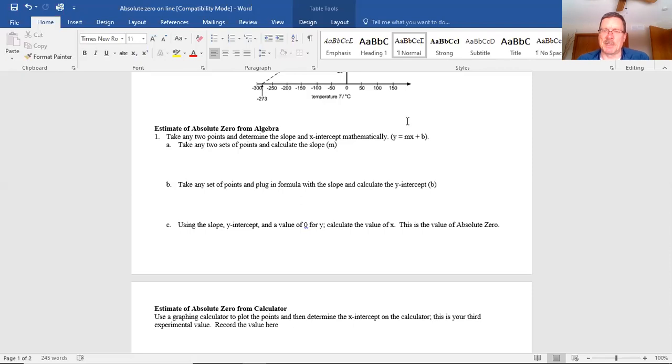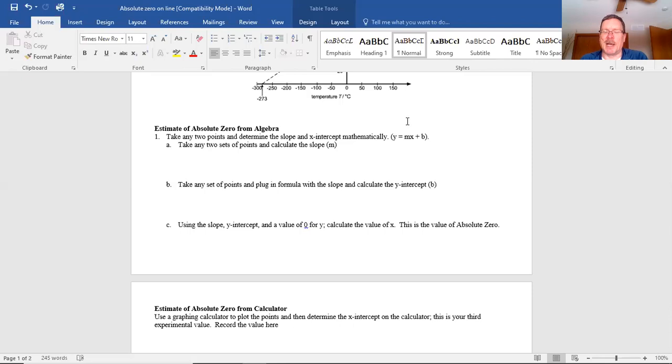Okay, so you'll have the slope, and you'll have any two of the x and y points. Okay. All right. So first we've done slope, then we've done y-intercept. Then using the slope and the new y-intercept, okay, and then going for having y is 0, then you're going to calculate x.